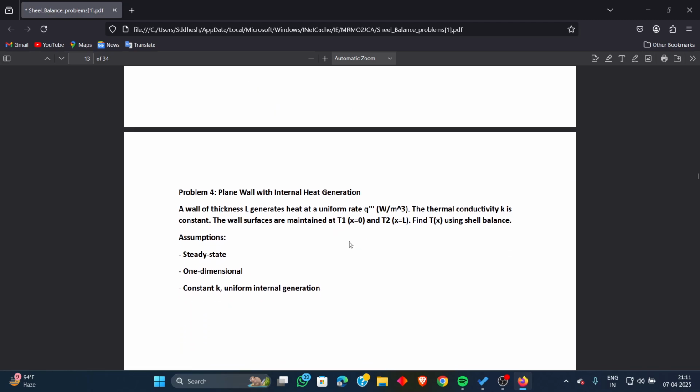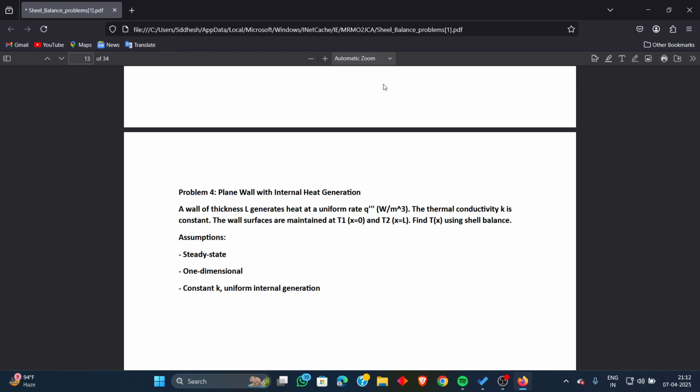So we'll move to the next question, that is problem 4, plane wall with internal heat generation. A wall of thickness L generates heat at a uniform rate Q dot, that is watt per meter cube. The thermal conductivity K is constant.